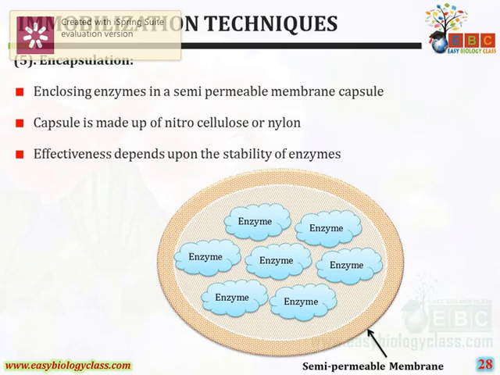The enclosing of enzymes in a semi-permeable membrane capsule is a very simple method, and the capsule is made up of nitrocellulose or nylon. The effectiveness of this technique depends upon the stability of enzymes.